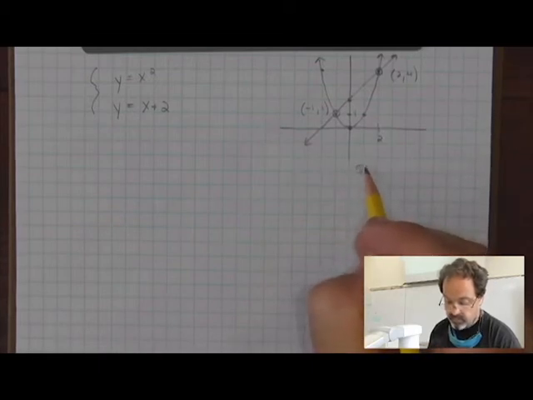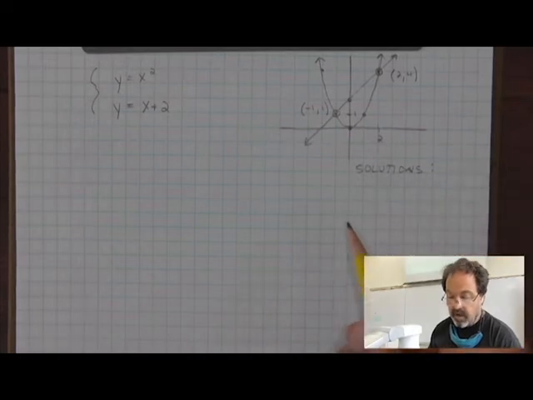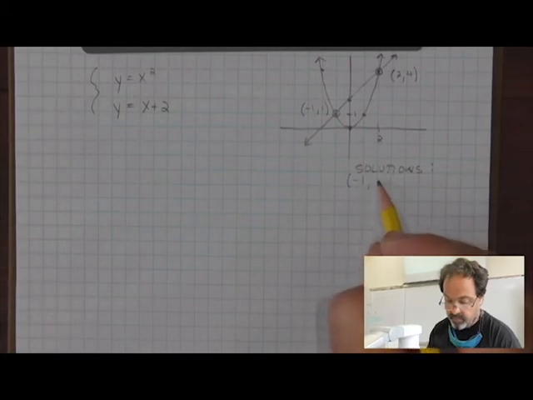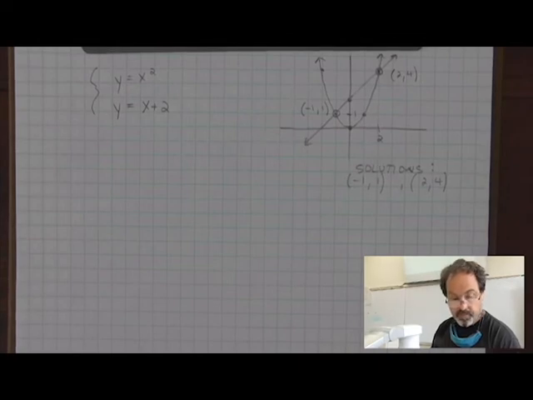So the solutions to this system, there are 2, and each solution has two numbers, both an x and a y value. The coordinates of those points of intersection.